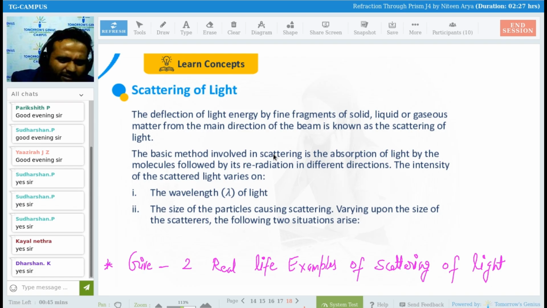Today, sir? Yeah, today. What do you ask today, beta? Light due to a small hole in a dark room. I ask you how it is related to scattering of light, and you say, today, okay. You give a viva today, then why can't you speak here too?